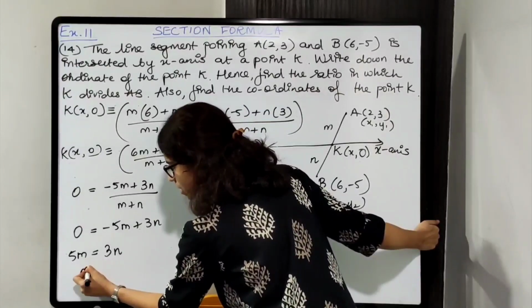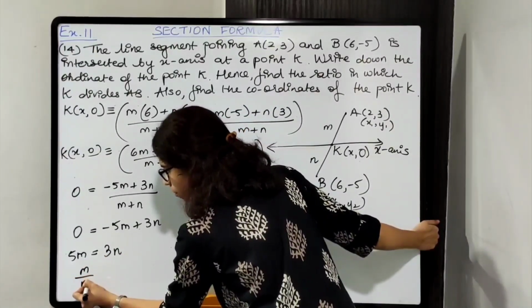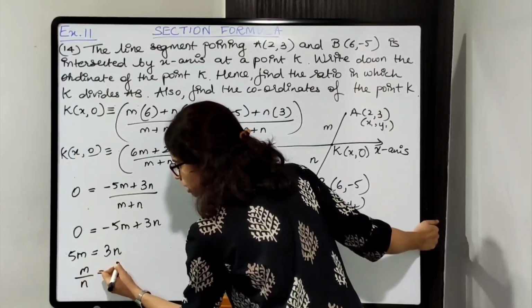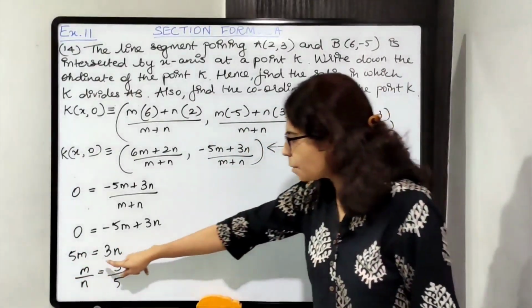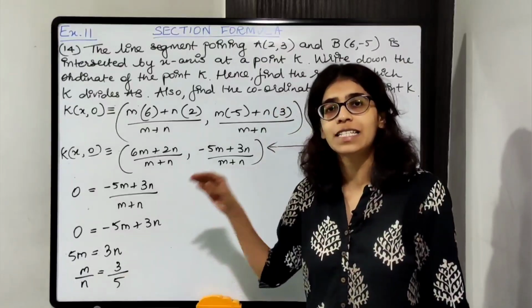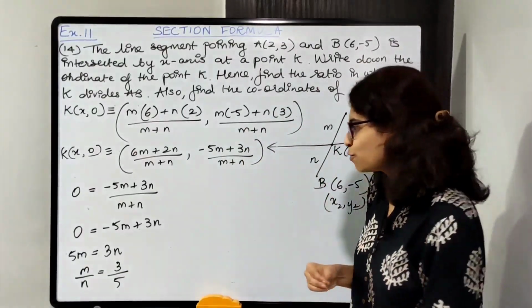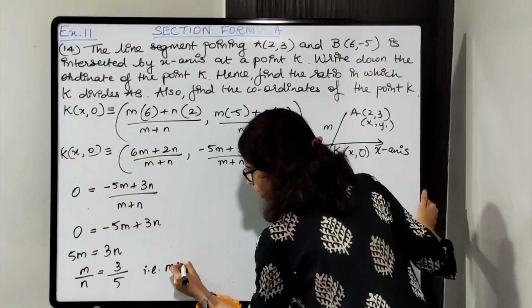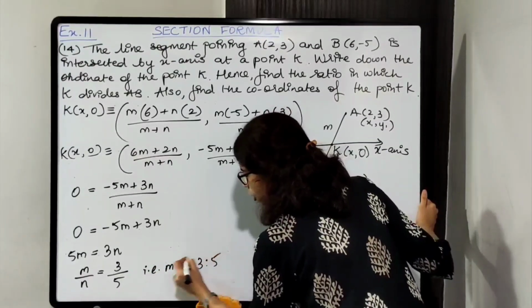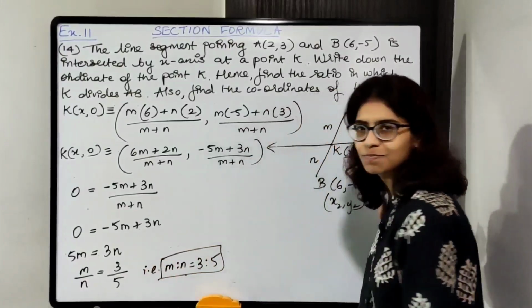So m as it is रखते हैं, n we'll shift. So m upon n is equal to 3 as it is, 5 को यहाँ पे shift करेंगे. So m upon n is 3 upon 5, that is m is to n is 3 is to 5. We got the ratio, box this.